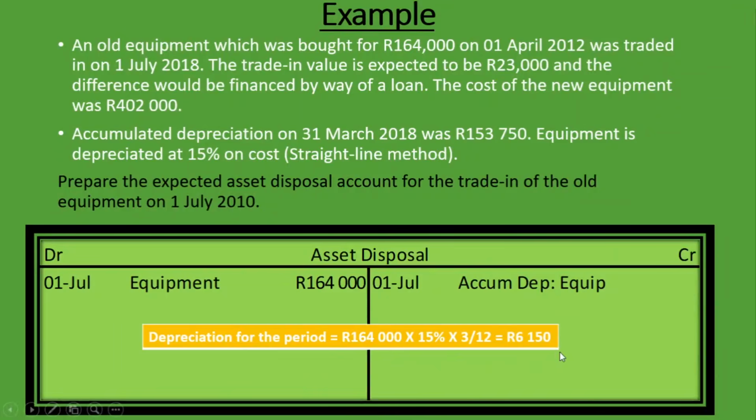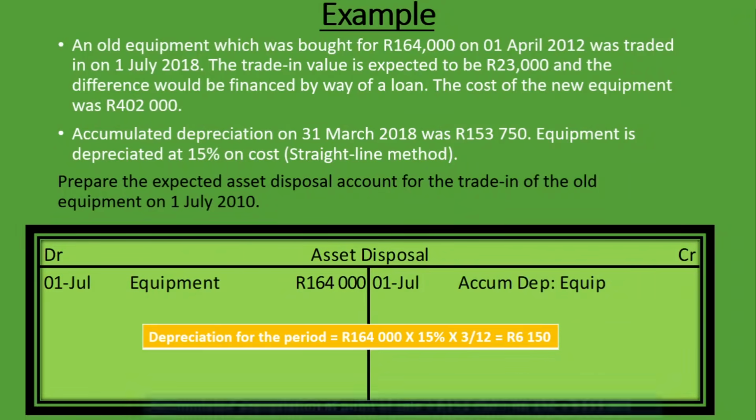So we have to add all the depreciation together. Remember, on the credit side of our asset disposal account, we record the total accumulated depreciation relating to this equipment that we're disposing of. So we have to add these two: the accumulated depreciation at the beginning of the period, which was on the 31st of March 2018, plus the depreciation for this period, which we had for 3 months before we disposed of it.